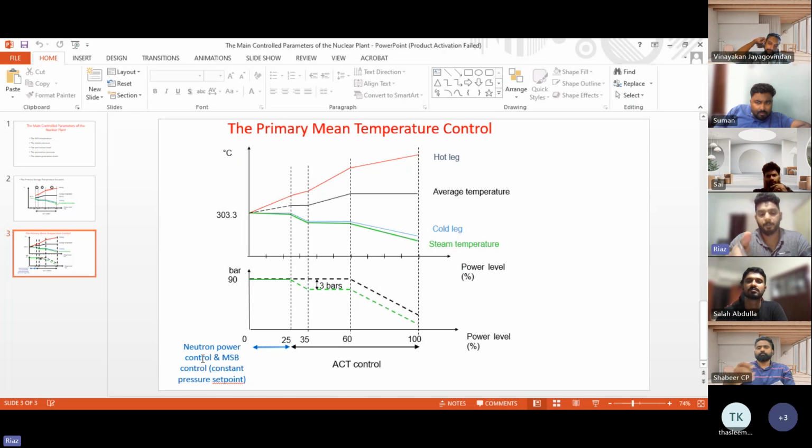Why are we bypassing? We already told you the neutron power is greater than the generator side power, so it will be excess in the primary side. If the neutron power or the reactor side power is in excess of the output power, then we have to deal with the extra steam that we are producing.